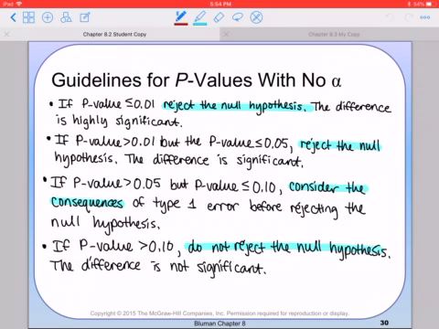If it's bigger than 0.01 and smaller than 0.05, then you reject the null hypothesis. And then if it's bigger than 0.05, you kind of have to deal with the consequences. If it's bigger than 0.10, you do not reject the null hypothesis. There's not a big enough significant difference.